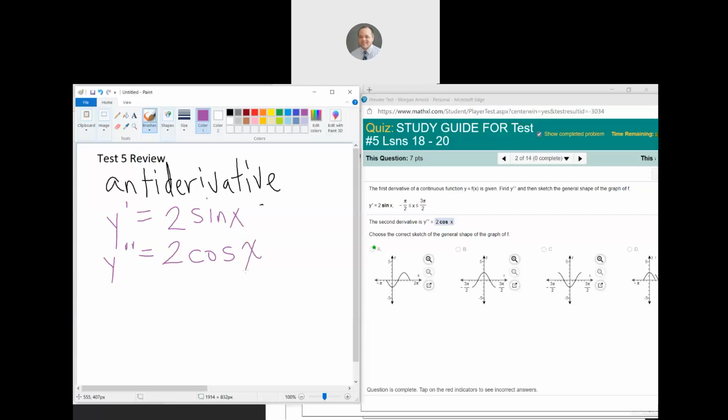Now, if we go backwards, right here at our original first derivative, and we take the antiderivative, and you'll learn this later, the antiderivative of sine is actually negative cosine. So this will be negative 2 cosine x plus some constant.